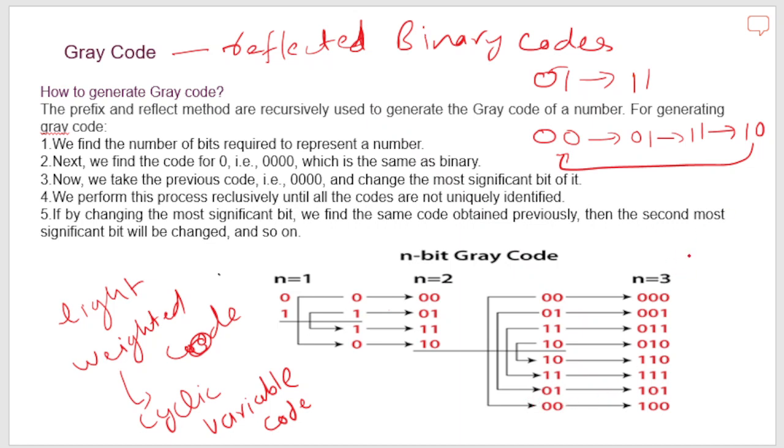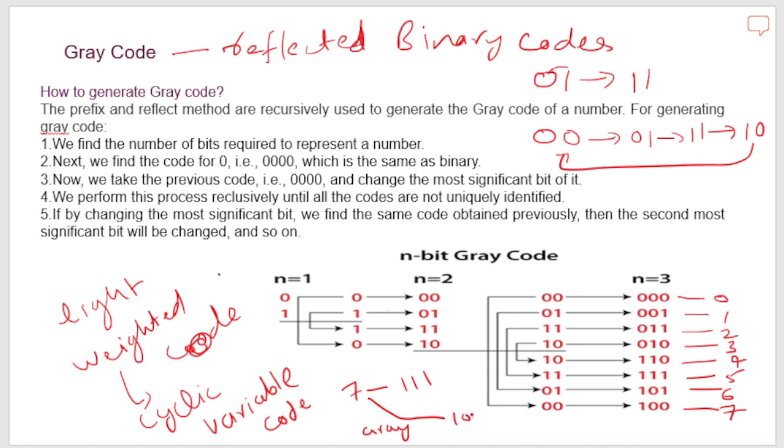We generate it like this: it is for 0, for 1, for 2, for 3, for 4, for 5, for 6, and for 7. So generally in binary 7 is 1 1 1, and in gray code it is 1 0 0.